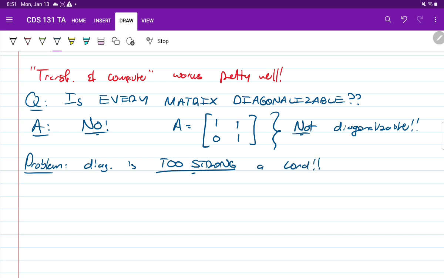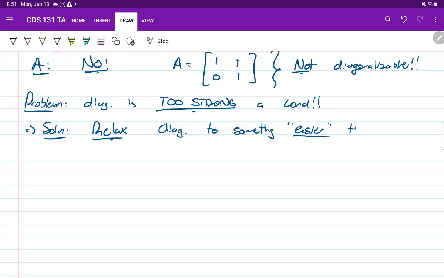If we want to figure out a way to compute either a matrix power or a matrix exponential of any matrix, it's too much to ask that the matrix be diagonalizable. So what we need to do is relax diagonalizability to something easier, something that's easier to satisfy, that still has predictable structure.